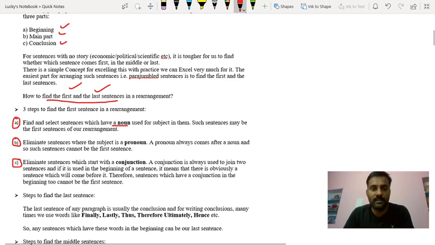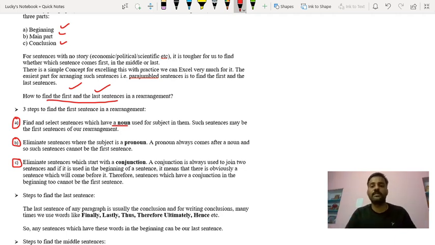A conjunction is always used to join two sentences, two words or two phrases. So it is usually used in the middle of two sentences or two words. For example, 'and' is always used in the middle of two things, two sentences or nouns.